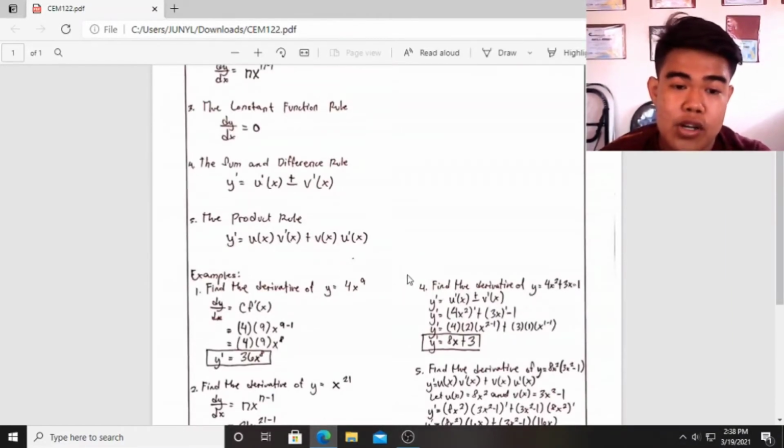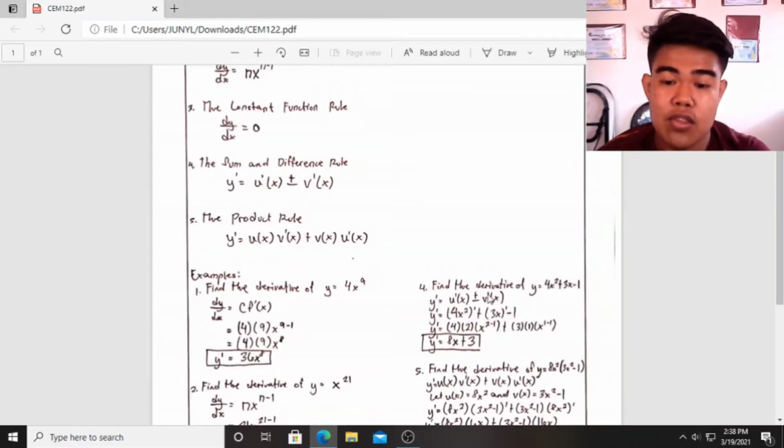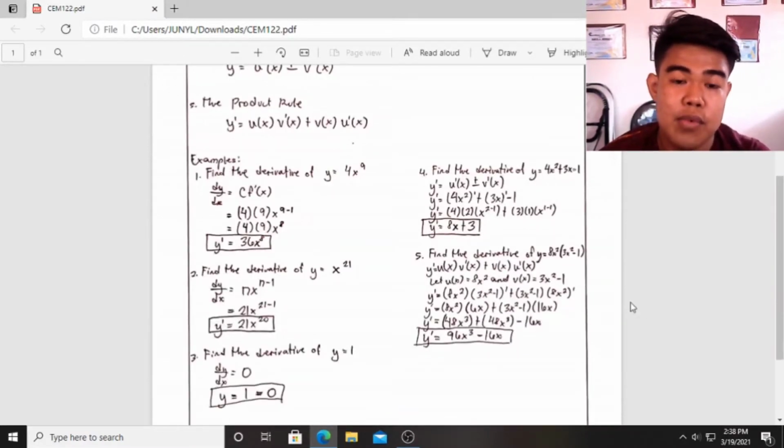So number 4, this is the example for the sum and difference rule. So find the derivative of y equals 4x squared plus 3x minus 1. So y prime equals u prime x plus minus v prime x.